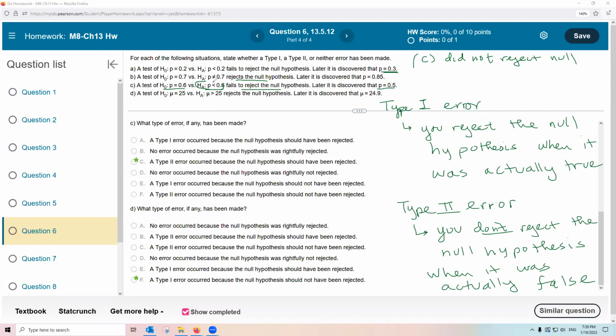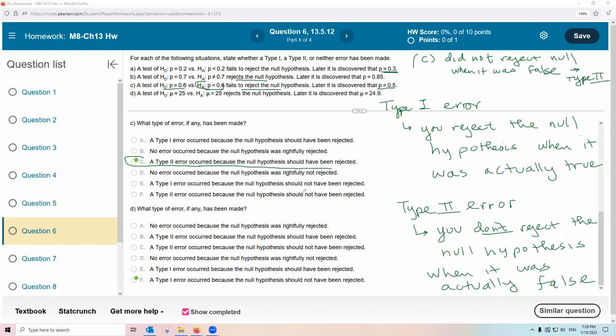So this is going to be a type 2 error. The null hypothesis should have been rejected, but we did not. So we did not reject the null hypothesis when it was actually false. Well, that's the definition of a type 2 error. So part C is a type 2 error.